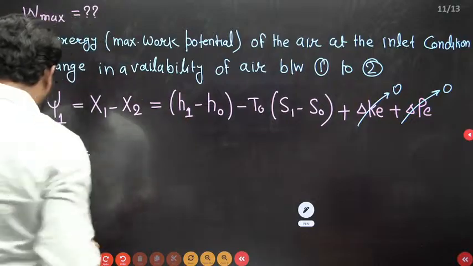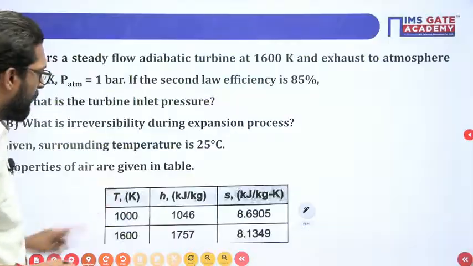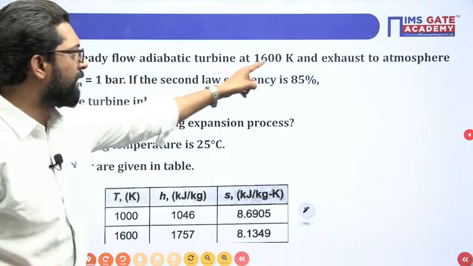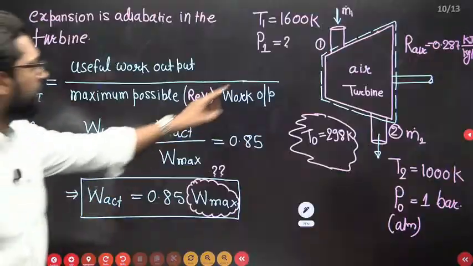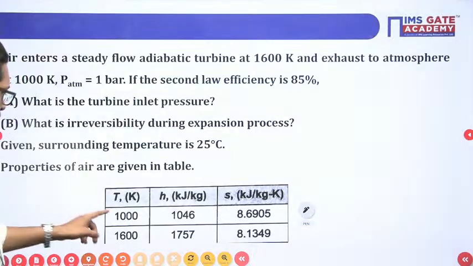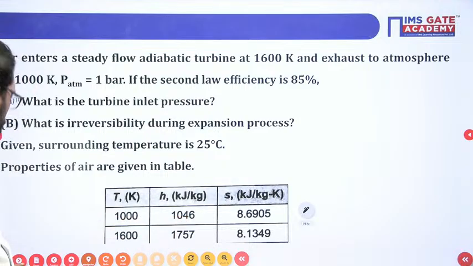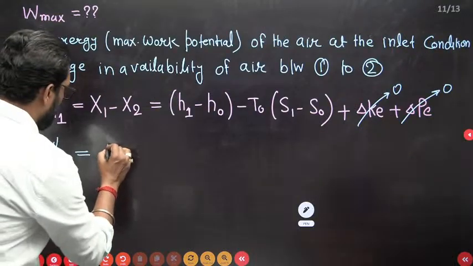Point 1 is your inlet, that is 1600. So at 1600, what is the enthalpy? 1757.